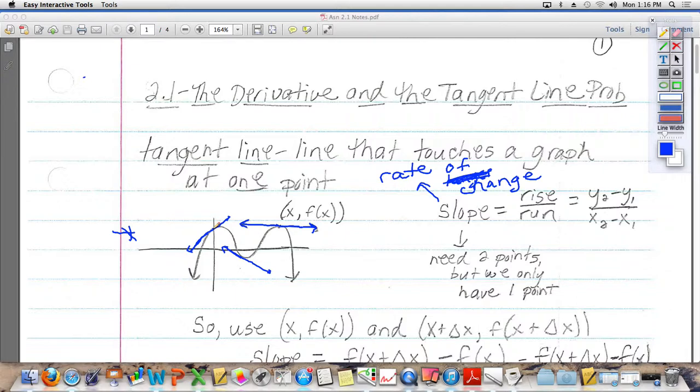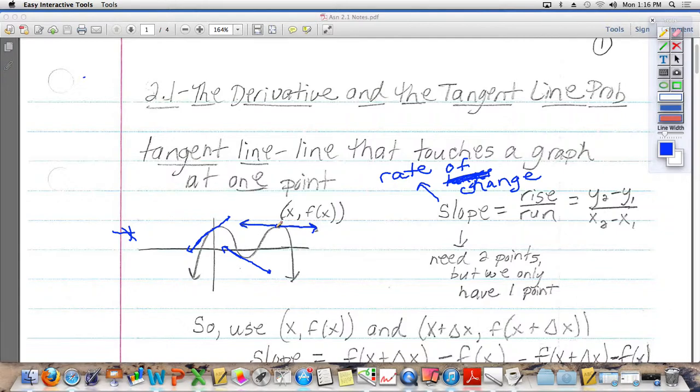learn this. Okay, so in order to find the slope, you guys know that you need two points. But if you are finding the slope of a tangent line, all you have in this case is 1 point. Would you agree? Because a tangent line only touches this curve in exactly 1 point. So what we need to do is figure out another point on the tangent line in order to be able to find the slope.